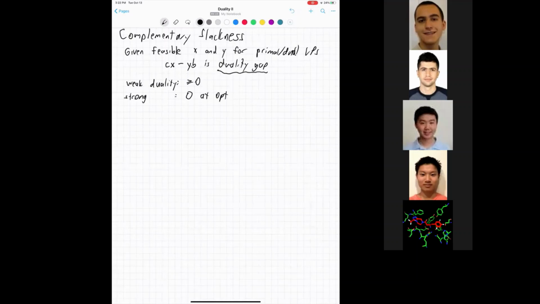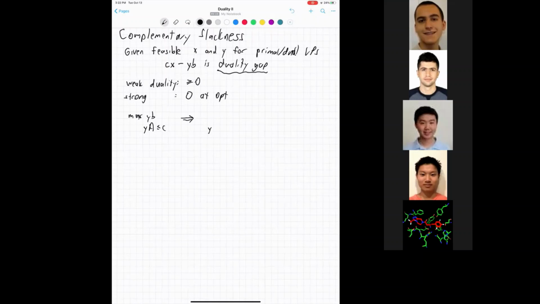Now, let's take that LP that we started with, which had a max YB such that YA is less than or equal to C. I'm going to rewrite that into not quite standard form, but close enough.